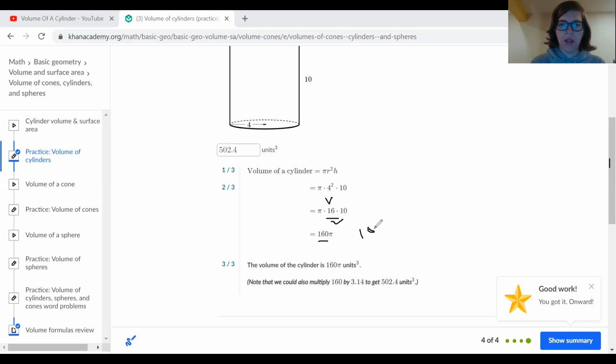Remember, we are going to replace pi with 3.14, and when you multiply that, you should get 502.4 cubic units. So the volume of the cylinder is approximately 502.4 cubic units.